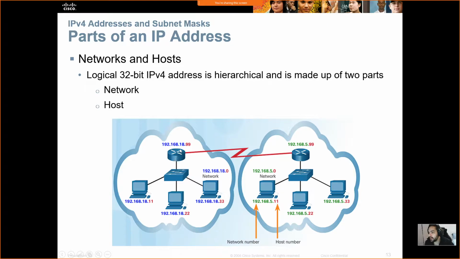So every time we put a 0 in the bits that are not the same for every one of them, we call this a network address because it represents the network. It doesn't represent a device specifically, it represents the entire network. Is that clear? Thank you. Okay.